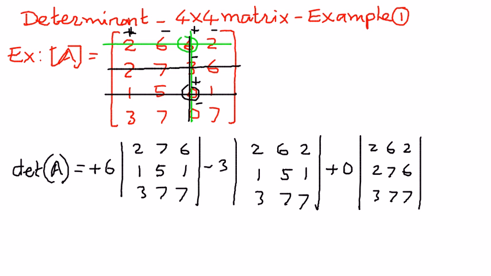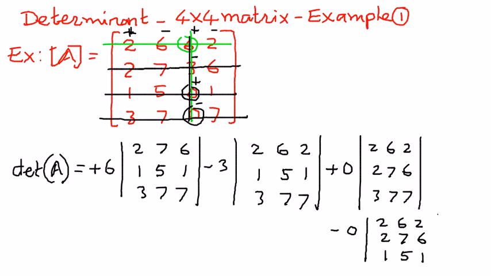And then in the fourth row, third column, I'm going to write negative 0 times the minor, which is 2, 6, 2, 2, 7, 6, and then 1, 5, 1.